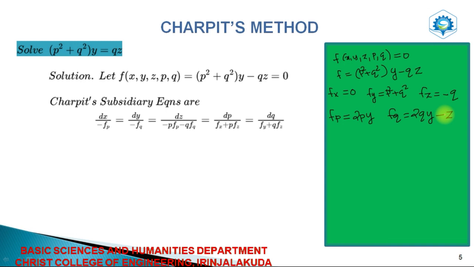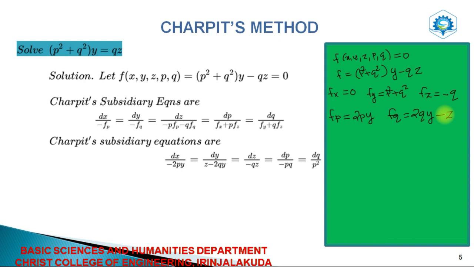So now let us substitute these values in our Charpit equations. We have fp equal to 2py, therefore dx divided by minus 2py is the first term, dy divided by minus fq, which is z minus 2qy. Now the third term is dz divided by minus pfp minus qfq, or minus of pfp plus qfq. Let us find what pfp plus qfq is.